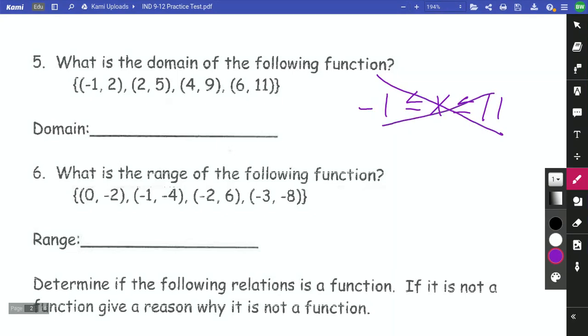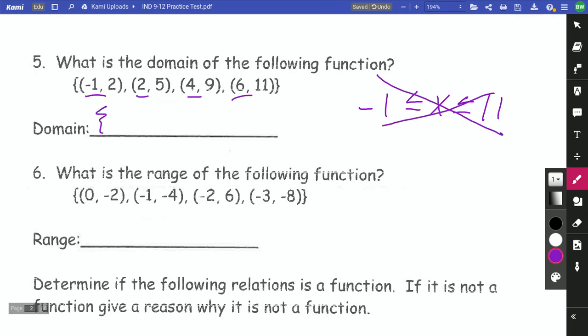Okay, that would specify an entire big set of points, right? If you write a compound inequality like that, you're saying, for example, 0. 0 would fit that compound inequality. 0 is in between -1 and 11, but 0 is definitely not in our domain. Okay, those are the only numbers in our domain.